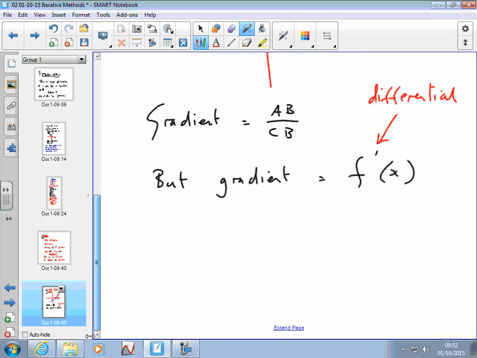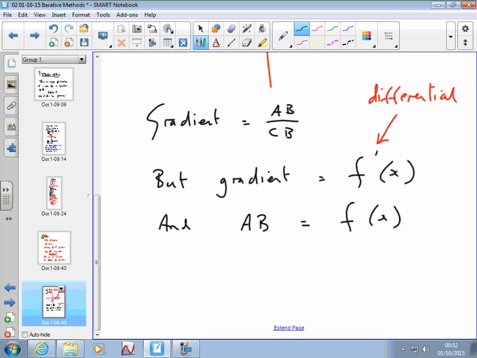So we know that AB equals the value of the function at x0, sorry.